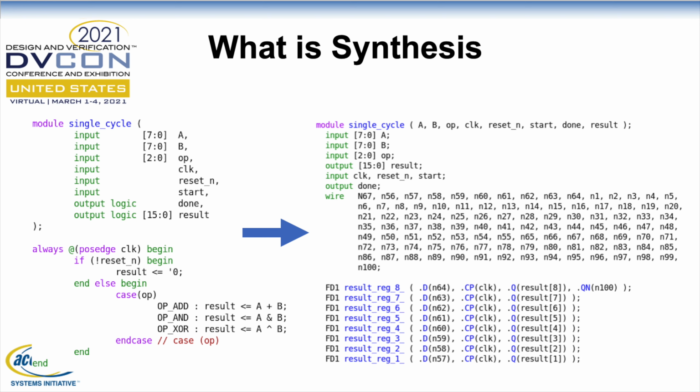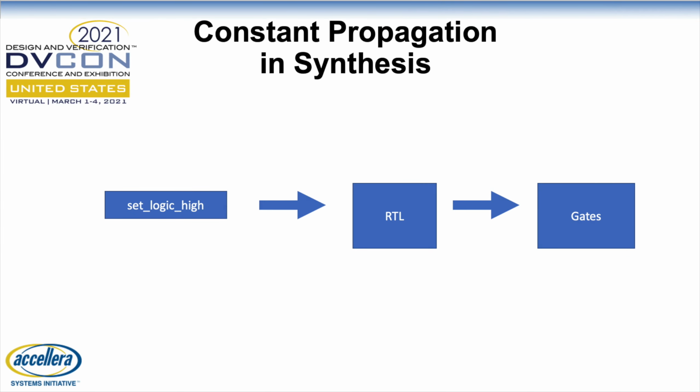And it even has built-in techniques that I assume all the vendors implement, where it can optimize logic based off of constants. The Synopsys synthesis tool uses a command called set_logic_high, or set_logic_0, to tie primary inputs of a design to 1 or 0. You could also theoretically tie internal nodes of the design to 1 or 0 also.